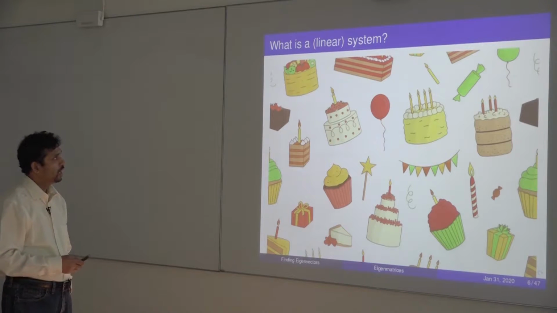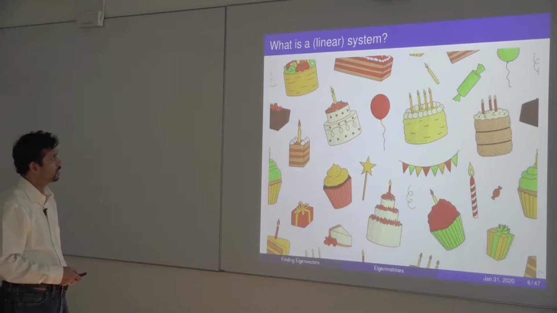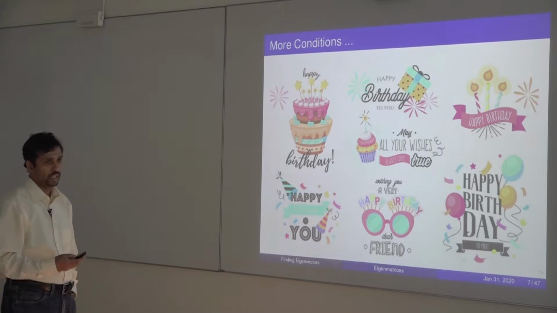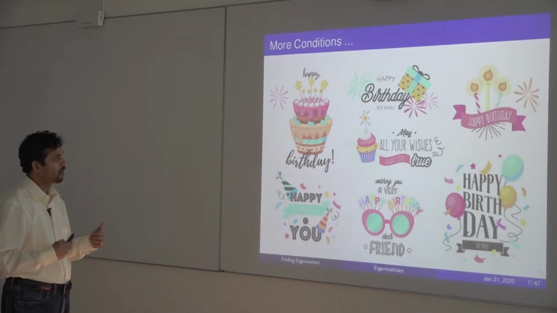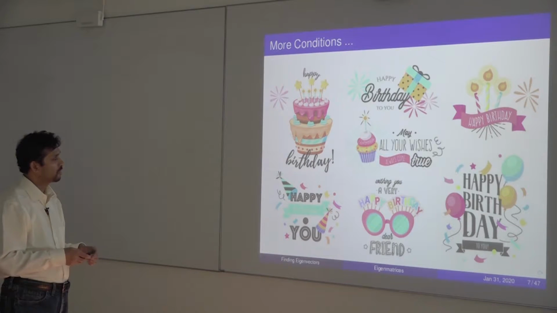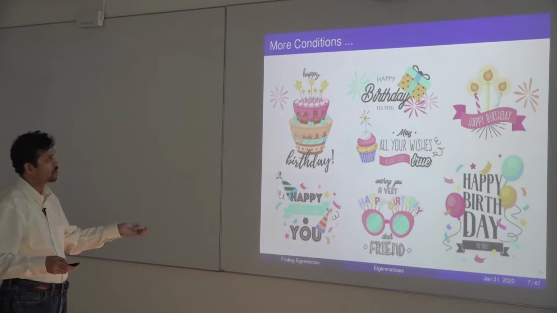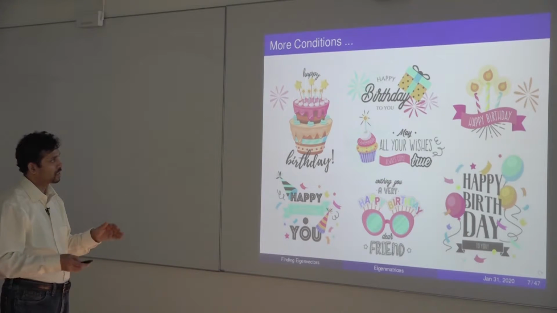Now let's say you make it more restrictive. I say, no, give me a birthday cake. It's the same system, but now you add one more constraint. That means you restrict your solution set to a smaller one.